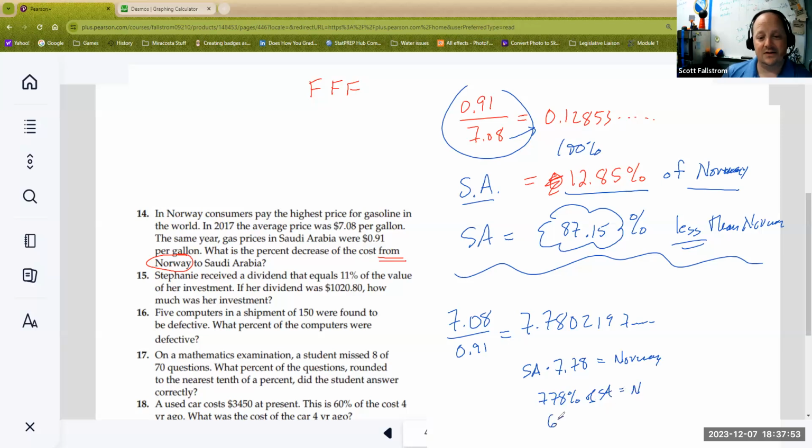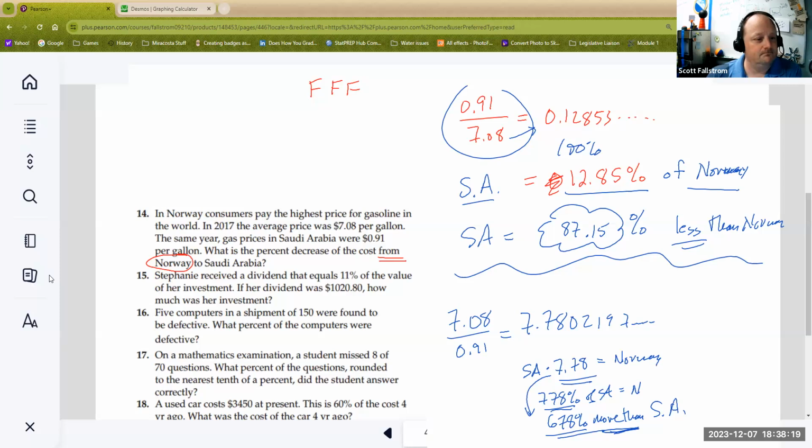And that means it's 678% more than Saudi Arabia. And that's the sheet that we did in class where I said, find your factor, it's a percent, and then turn it into a percent more or less than. So one direction, it's 678% more than. The other direction, it's 87.15% less than.